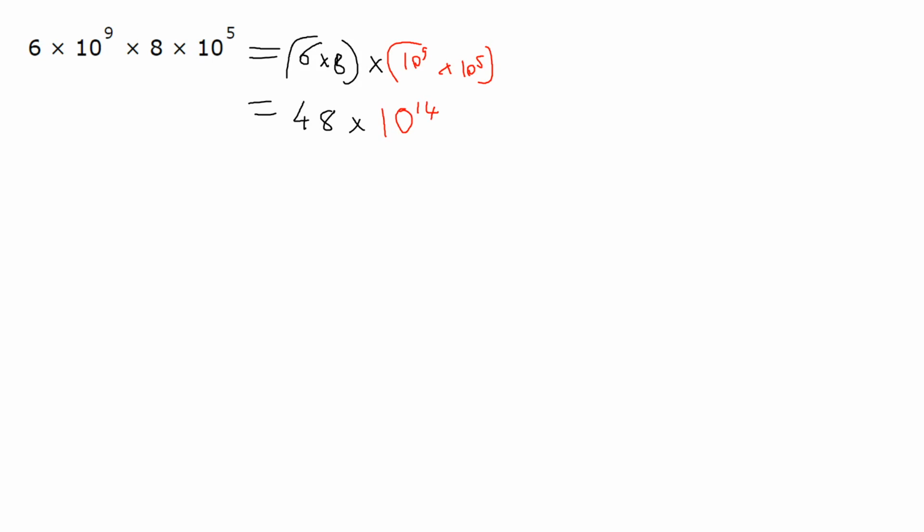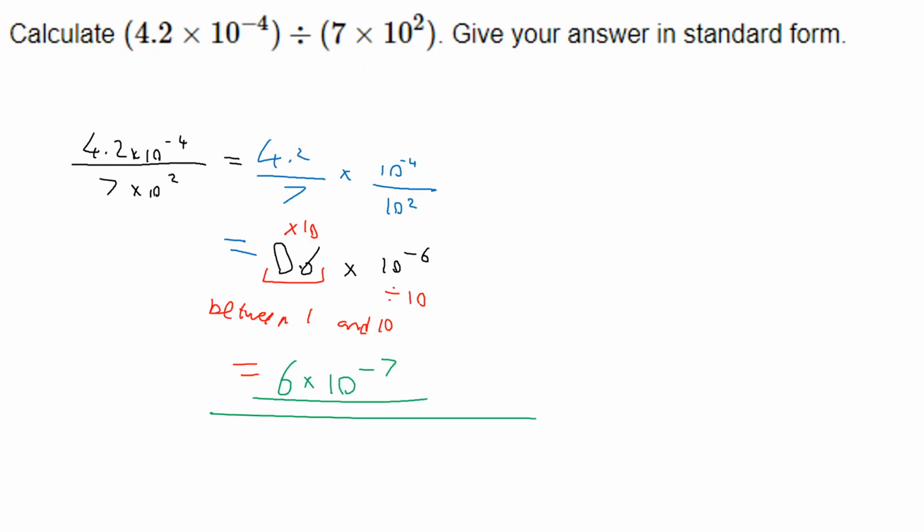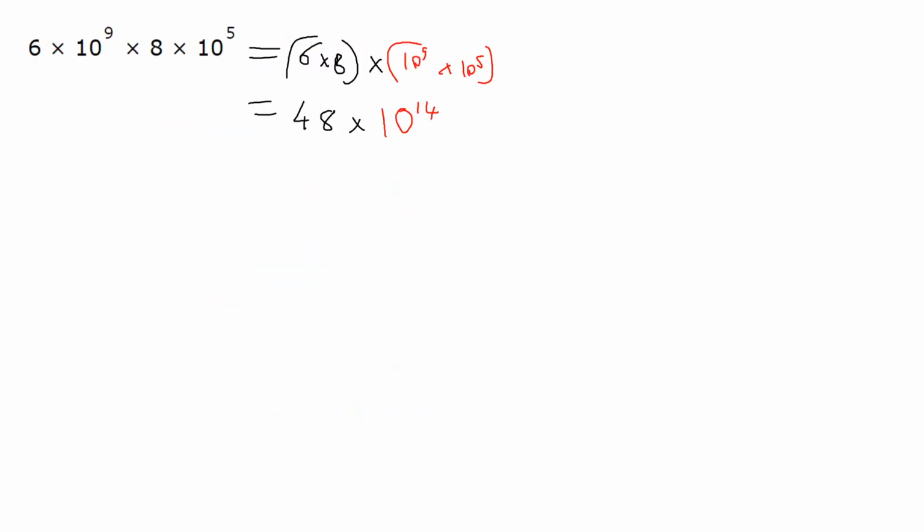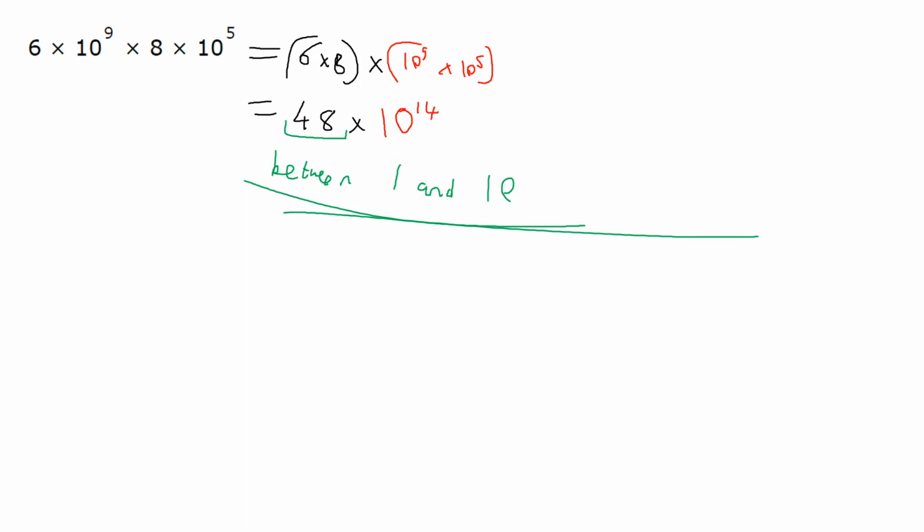Incorrect. As you guys should remember from this example, this number still needs to be between 1 and 10. So what we're going to do is divide this one by 10. And if we divide this one by 10, we have to times this one by 10.